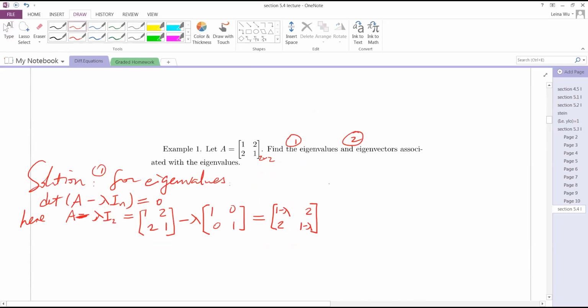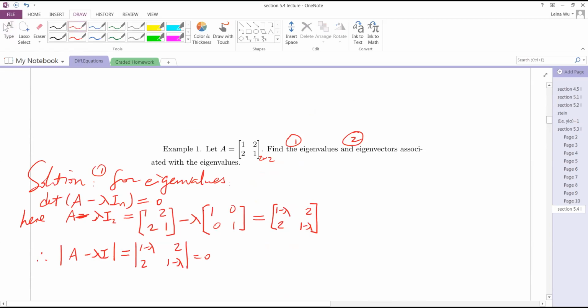You guys have that? Okay. So then we set the determinant of A minus lambda I, which is the determinant of this 2 by 2 matrix, 1 minus lambda, 2, 2, 1 minus lambda, equal to 0.